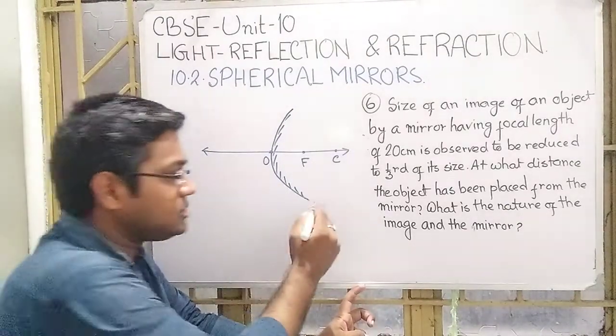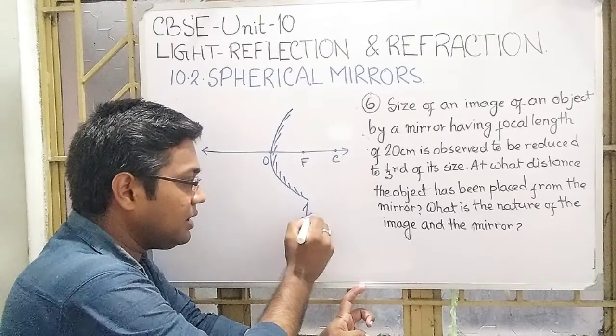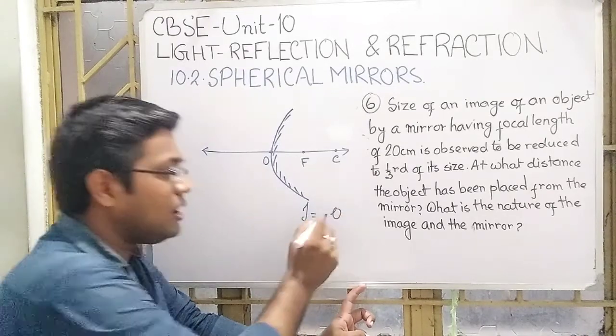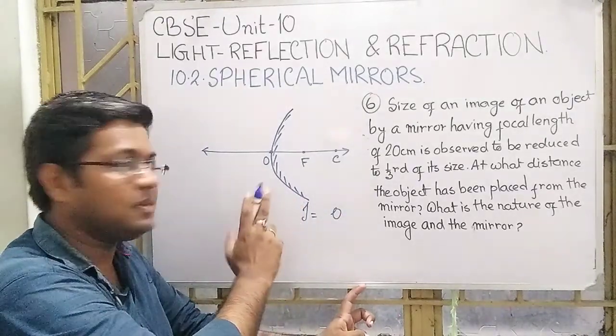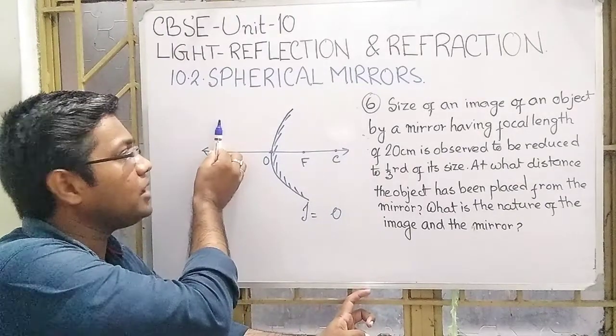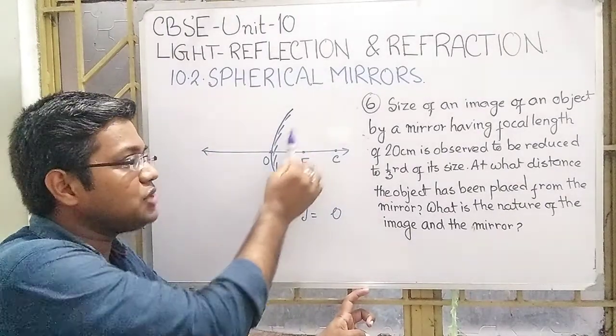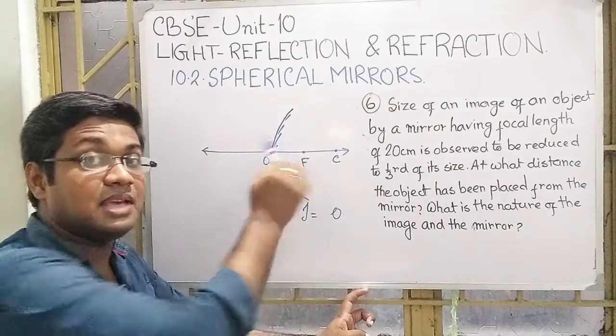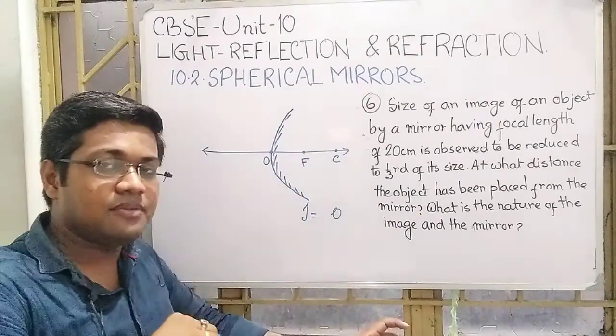But before that, if I say that I and O are on the same side of the principal axis, so if I place O here, then I should be somewhere here, and the image is always virtual in case of a convex mirror.